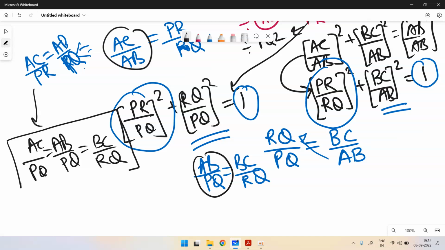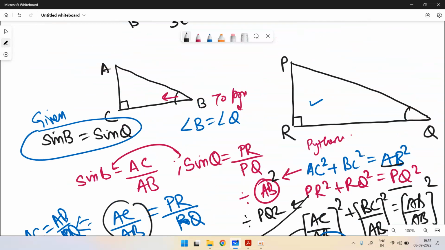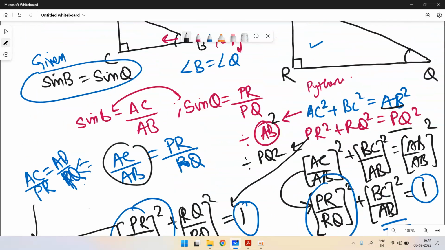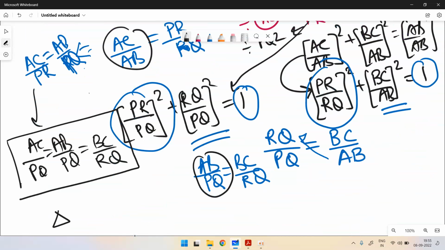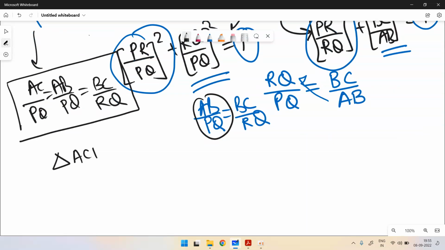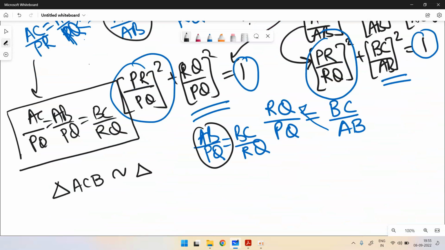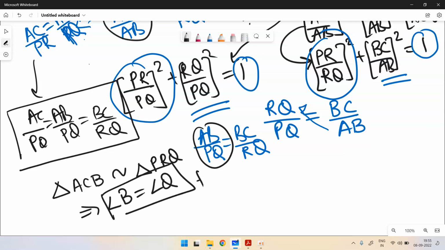Now you can see that if all three sides of two triangles are proportional, then triangle ACB is similar to triangle PRQ, and since they are similar, angle B equals angle Q, hence proved.